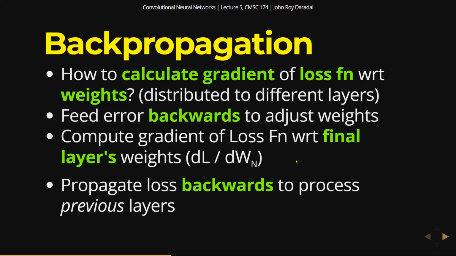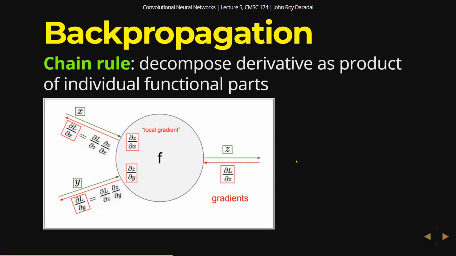So that is the idea for backpropagation. This is possible because of the chain rule for derivatives. If you recall from your calculus, with the chain rule you decompose the derivative as the product of individual functional parts. So let me show you an illustration.